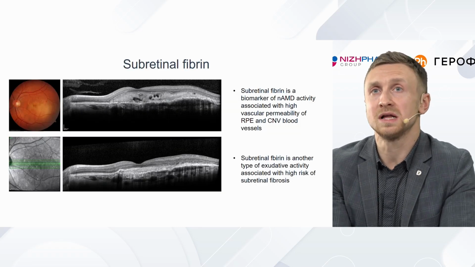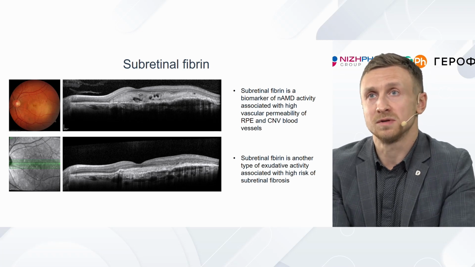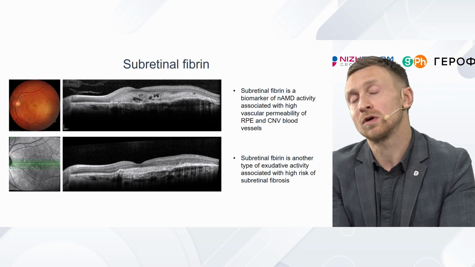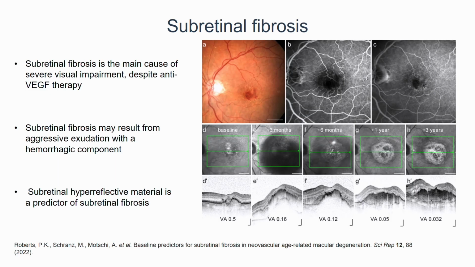And if we give a cumulative characteristic here, that's mainly subretinal hyperreflective phenomenon. And here on the slide, you see the example of accumulation of lots of subretinal fibrin in patients with neovascular AMD. And regardless of timely and intensive anti-angiogenic treatment, unfortunately, we still see subretinal fibrosis and non-adequate functional outcome.